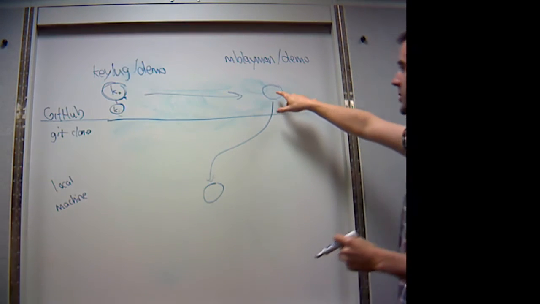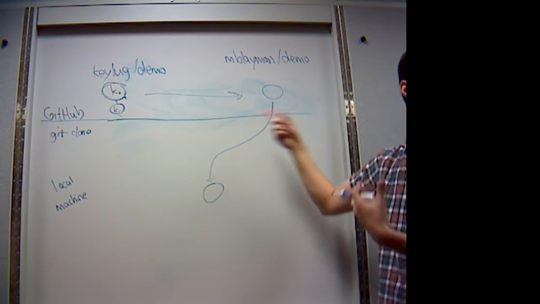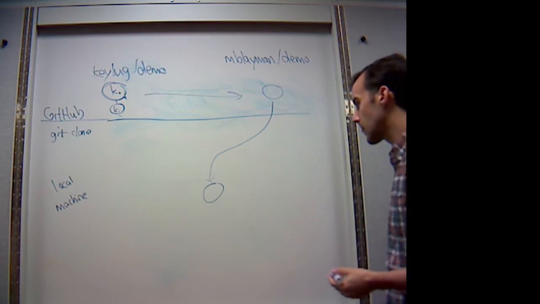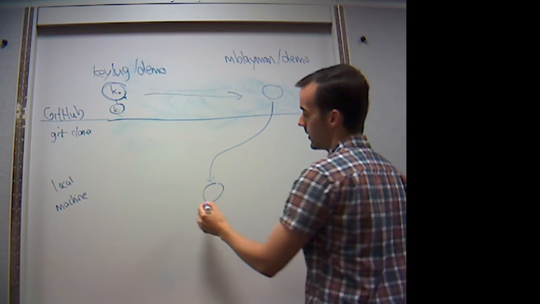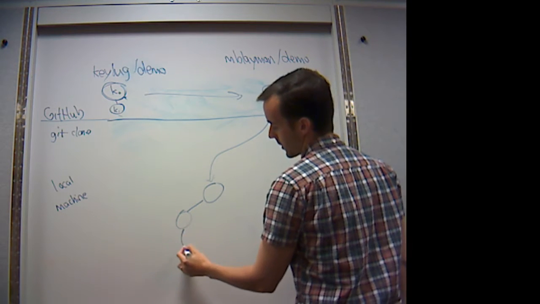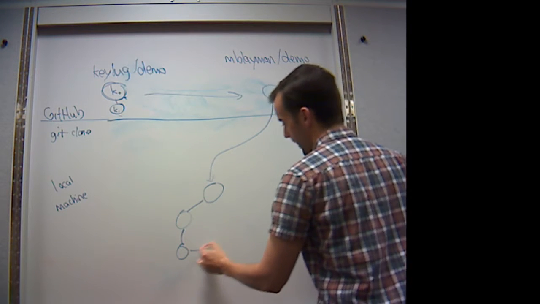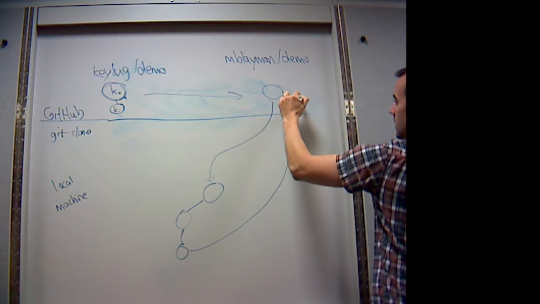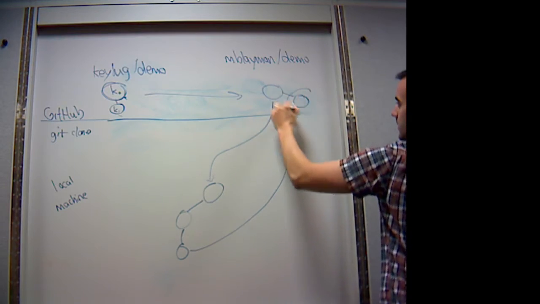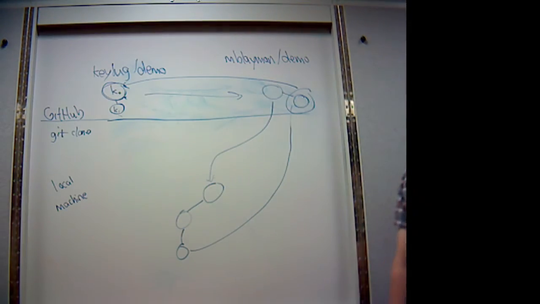Initially this doesn't matter, because if you just forked and then cloned, you're going to be up to date. So now you make issue 1, you do your commit, and then my branch still needs to come up here. Here comes this branch, this chunk needs to come over here.